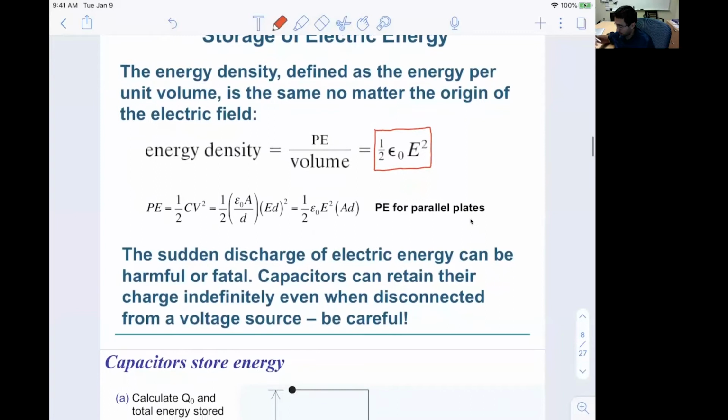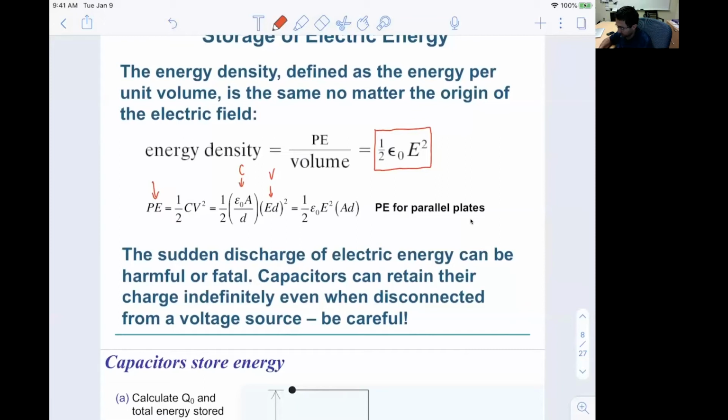If you apply this to a capacitor, the potential energy is 1/2 C times V squared, where C is the capacitance and the potential is E times d. You take the square of V and rearrange the electric field, area, etc.